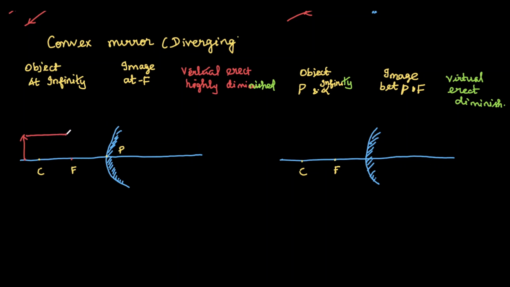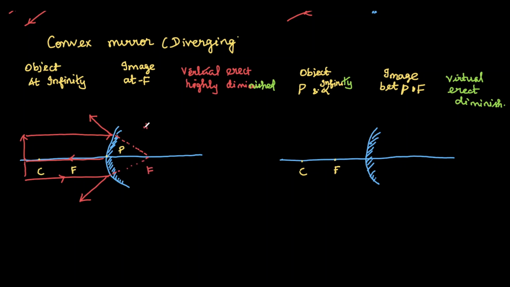So the light parallel to the principal axis falls on the mirror. As it is a diverging mirror, the light rays get diverged like this. When we produce the diverted rays, it falls on the focus.